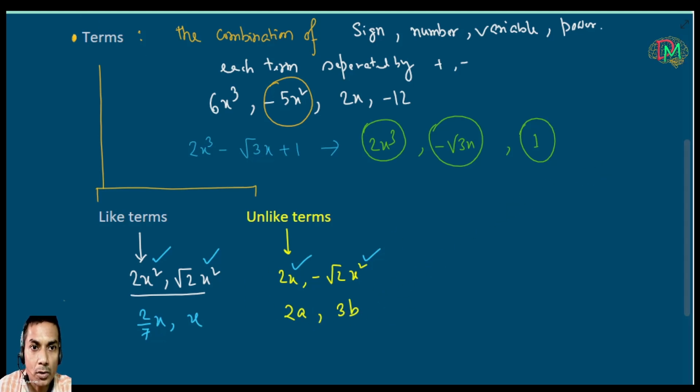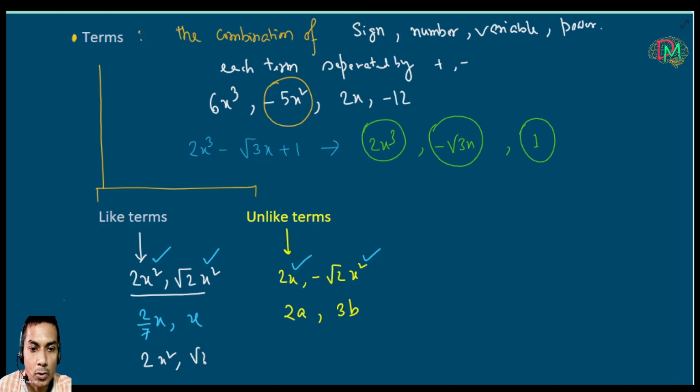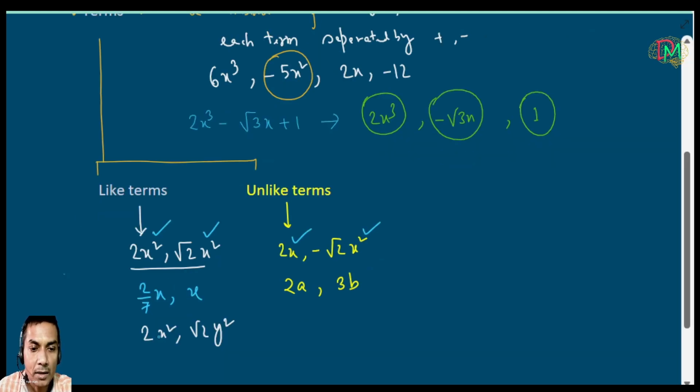And here you must also remember, if we change the variable with the same power, for example 2x square and root 2 y square, the power is the same, correct, but the variable itself is defined with different alphabets. So the variable is different.